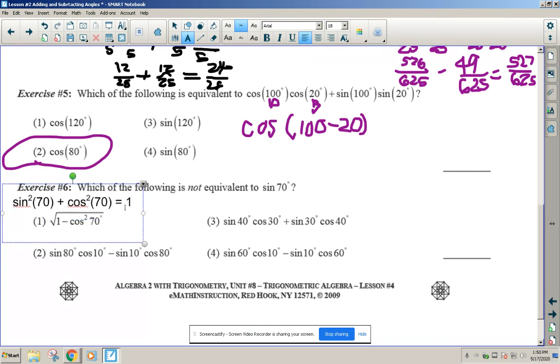So that would give me then the sine squared of 70 degrees is equal now to 1 minus the cosine squared, because I took cosine from the left and I moved it over to the right.